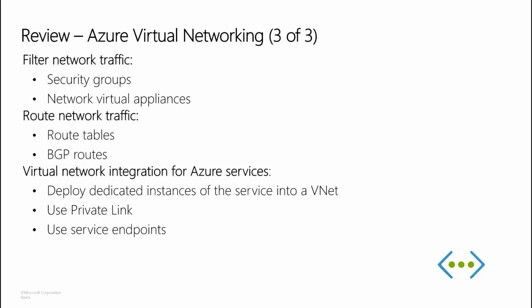So in the next slide, this is the final part of the review, and we will talk about how to filter network traffic. You can filter network traffic between subnets using security groups or NVAs, also called network virtual appliances.